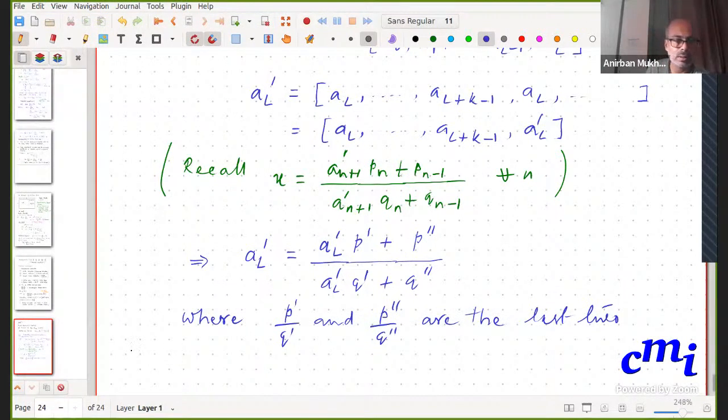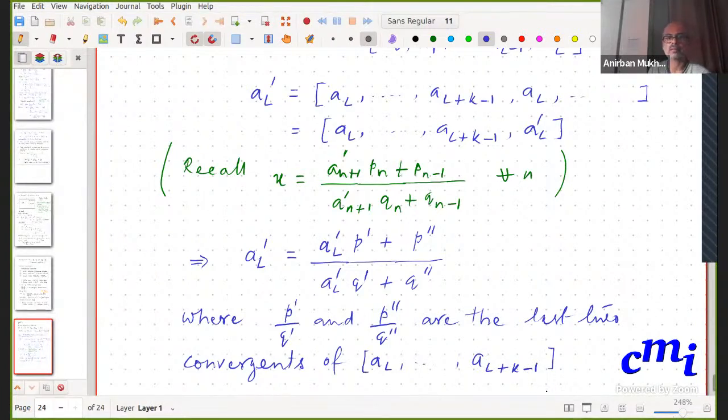Last two convergents of this fraction, a_l plus a_{k-1}, this continued fraction, just this finite continued fraction.